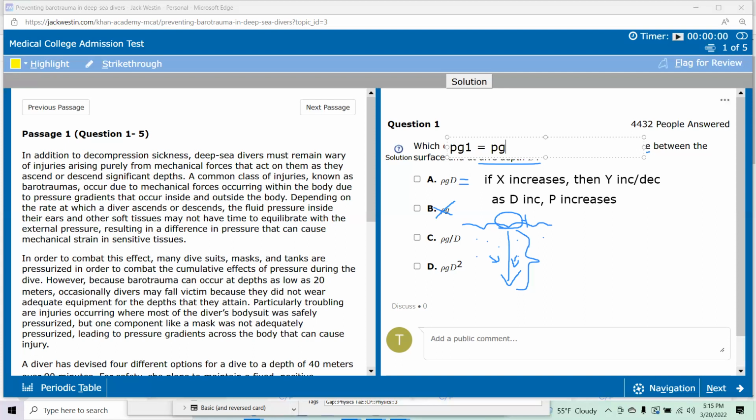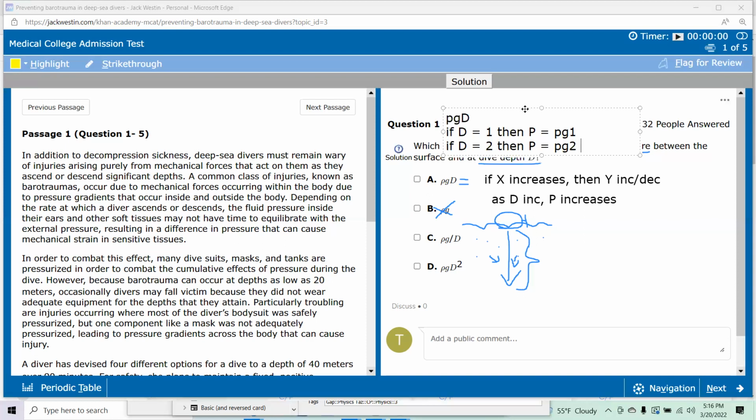Wait, is this making sense? Hold on, I might be doing this dumbly. PGD, if D equals 1, then the pressure equals PG1. What I just wrote, does that make sense? Yeah. Okay, so what if D equals 2? PG2. So in that equation, did pressure increase or decrease?